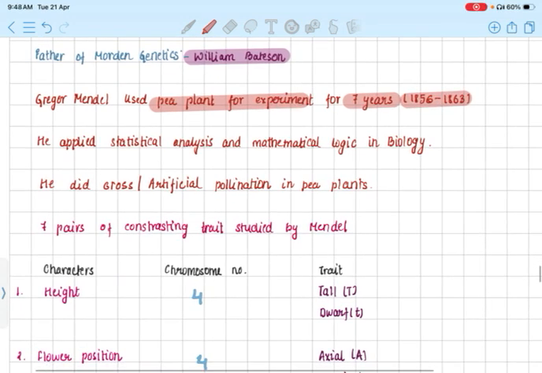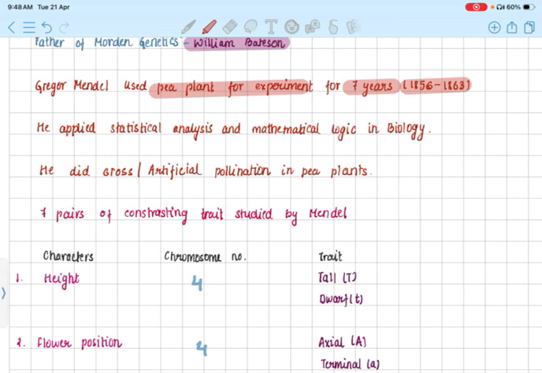What Mendel did was something new in that era: nobody used mathematical and statistical analysis in biology to perform any experiment or to interpret any result. He used statistical analysis and mathematical logic in biology to perform his experiment and to interpret his result.